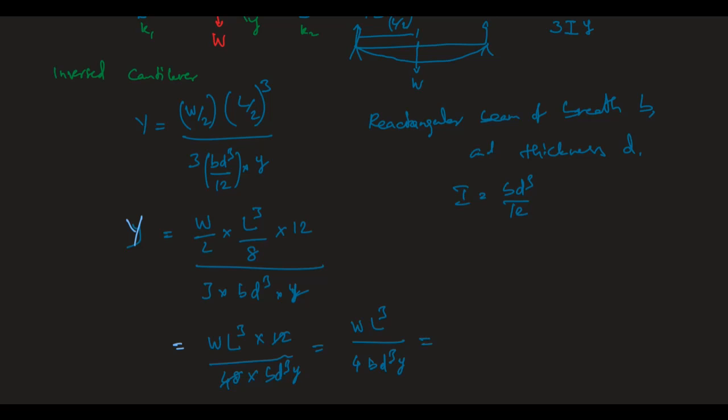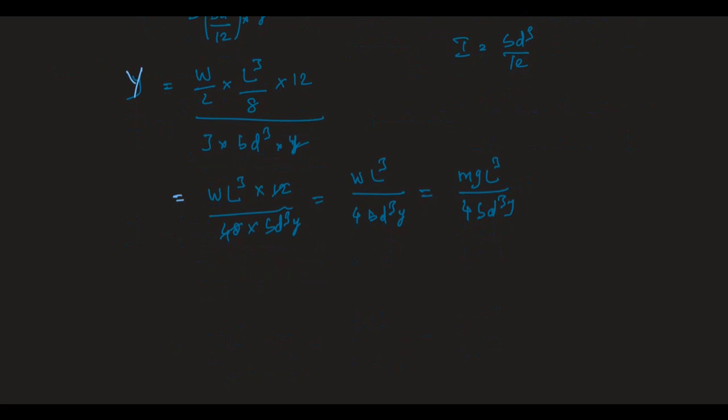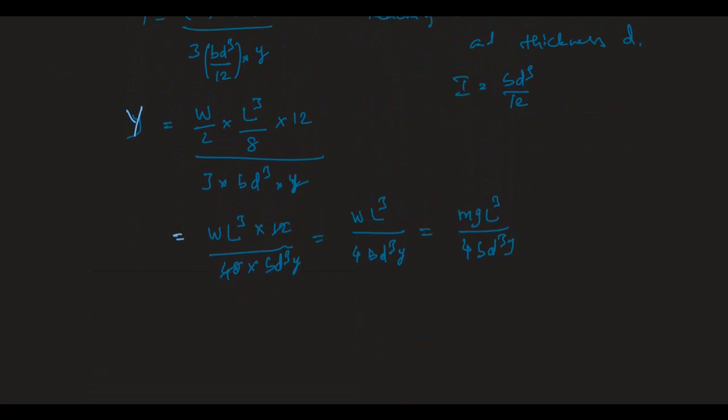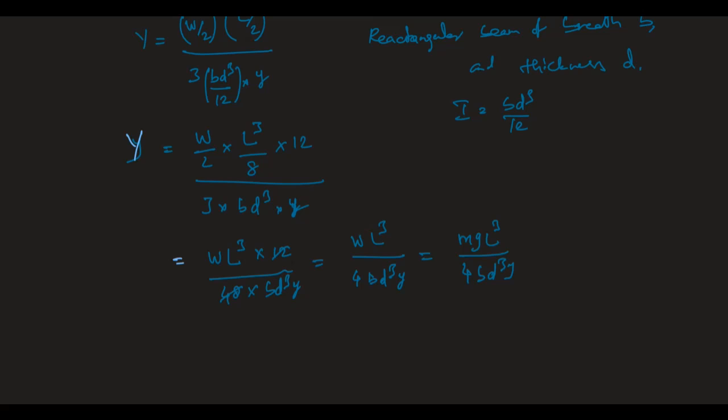So moreover, whenever we write, W is nothing but mass into gravity, L cube divided by 4 B d cube Y. So now the same thing is our result.